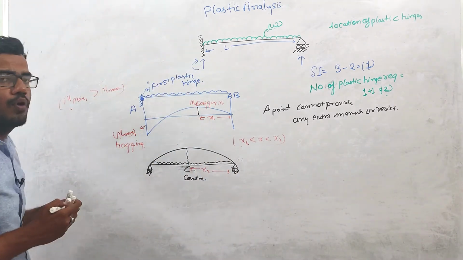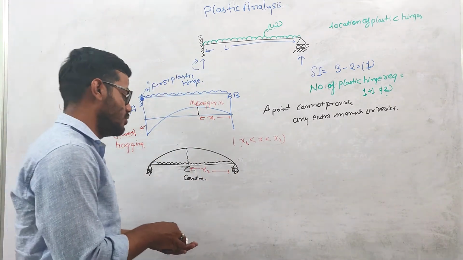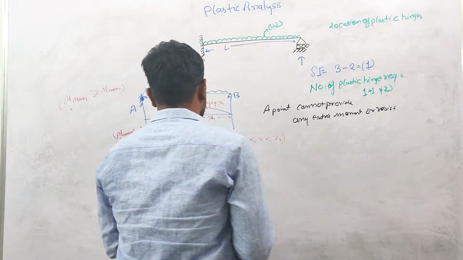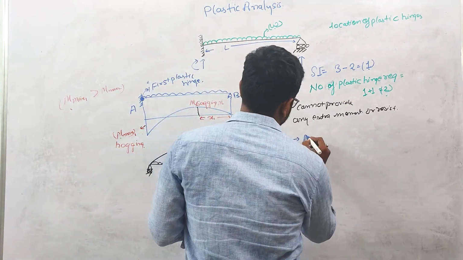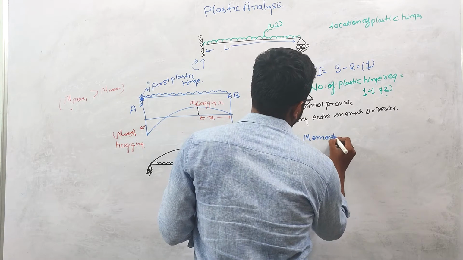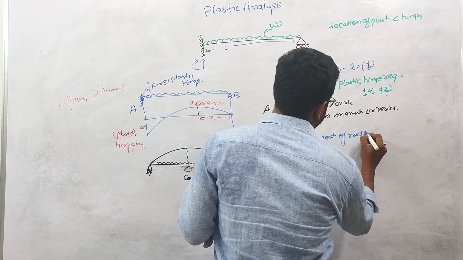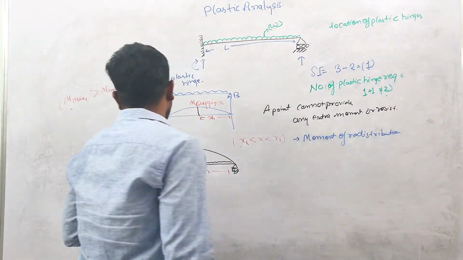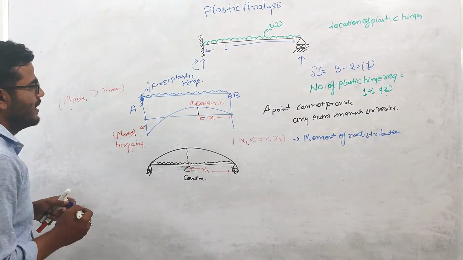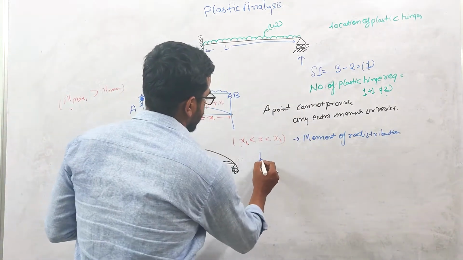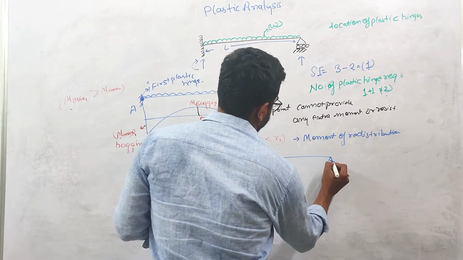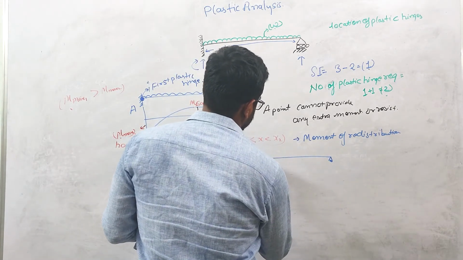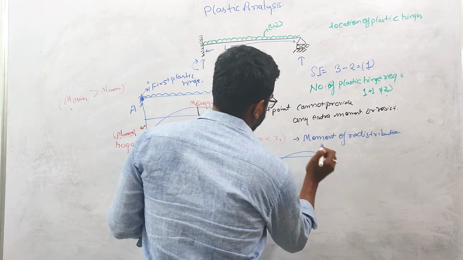And this is all happening due to moment redistribution. When there is a formation of the first plastic hinge, the bending moment diagram will look like this.